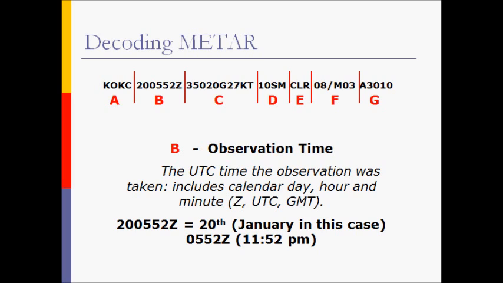Then when you get to 1200 to 1259, that means the current time is between 12 p.m. and 12:59 p.m.